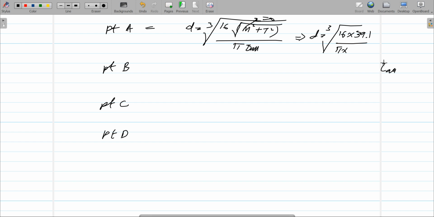If you remember from the first few slides, tau allowable is either 0.3 of sigma y or 0.18 of sigma u, whichever is less.